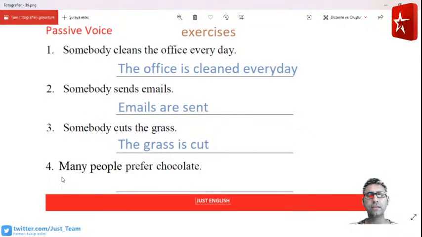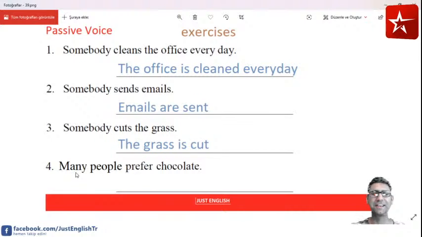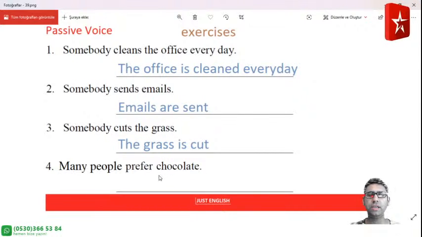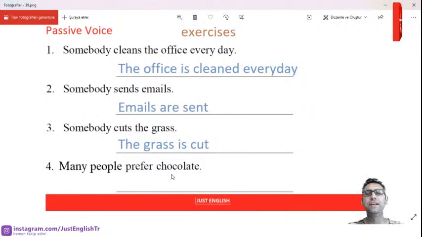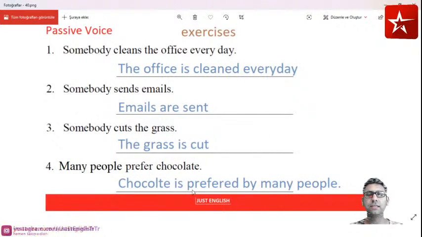So the first example, first ile fourth arasında kaldık. Many people prefer chocolate. So here chocolate is preferred. Actually, I gave the answer now, but anyway, the chocolate is the subject of passive voice. So chocolate is preferred by many people.